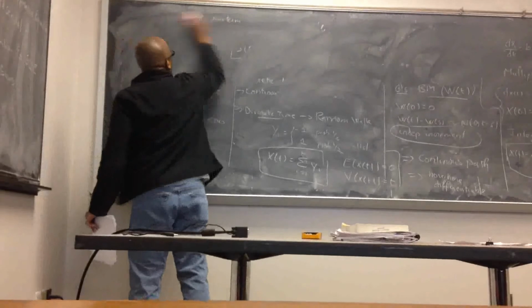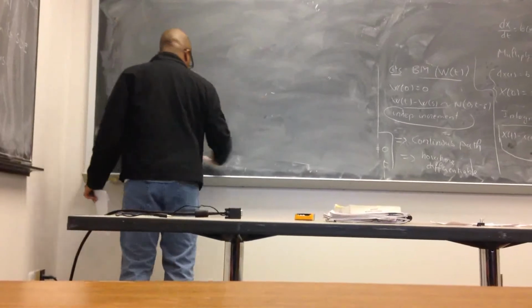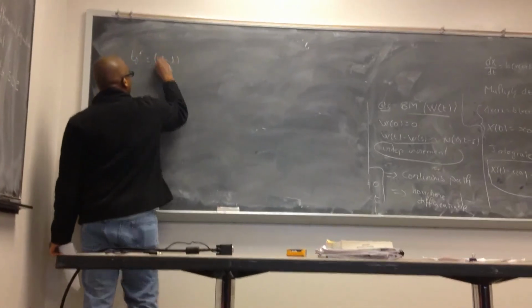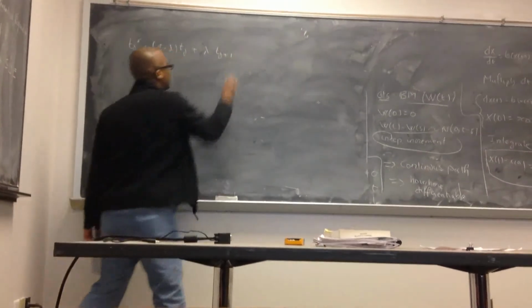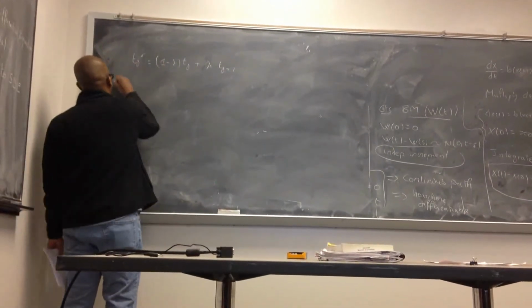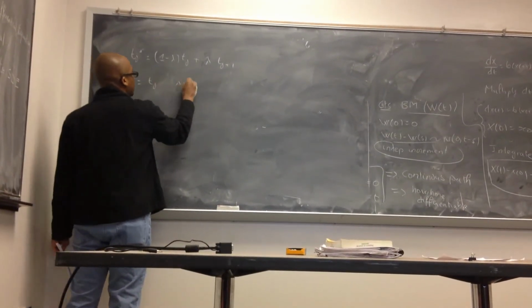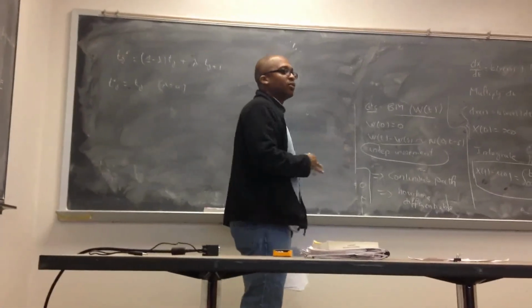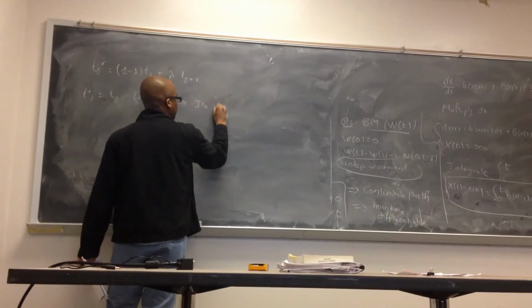In the general case, you can write your TG star equal to 1 minus lambda times TG plus lambda times TG plus 1. TG star equals TG when lambda equals 0. It means that each time you take the leftmost point, and this gives you what is called an Ito integral.